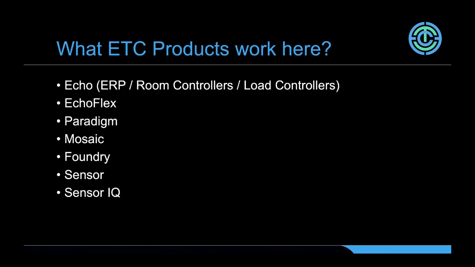So that being said, what ETC products work here? The whole lineup of ETC offerings, from power controls and their Echo lineup, Echo relay panels, room controllers, and load controllers, their wireless solutions with EchoFlex load controllers, and that also includes a lot of sensors: motion detectors, occupancy sensors, daylight harvesting sensors, window and door sensors, moisture detection.